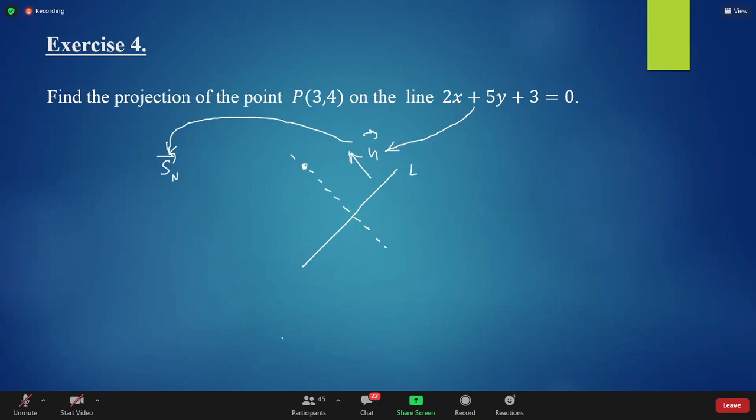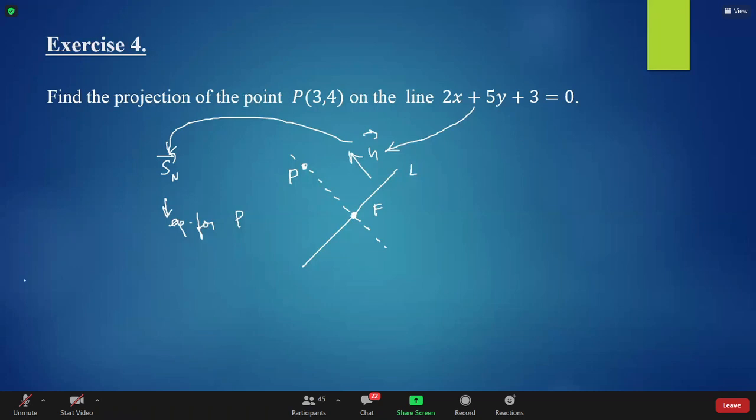Then we have a point and we have the direction vector. We write the equation for this new line. P, I will call this F, because it's also called the foot of the perpendicular. And that will be the equation for the line PF.